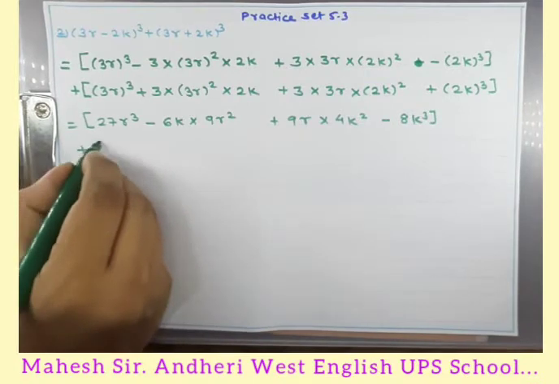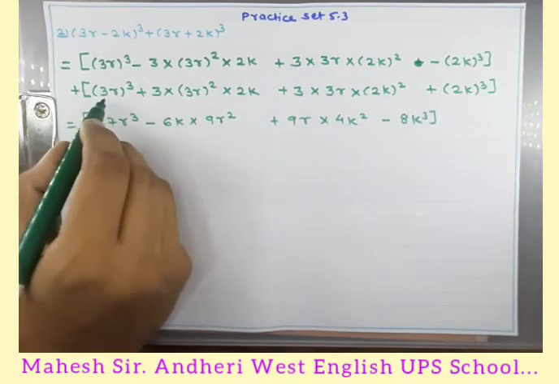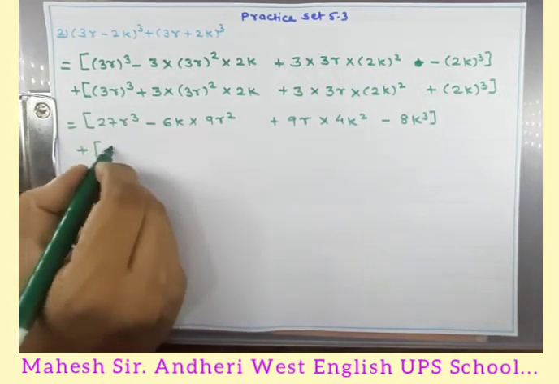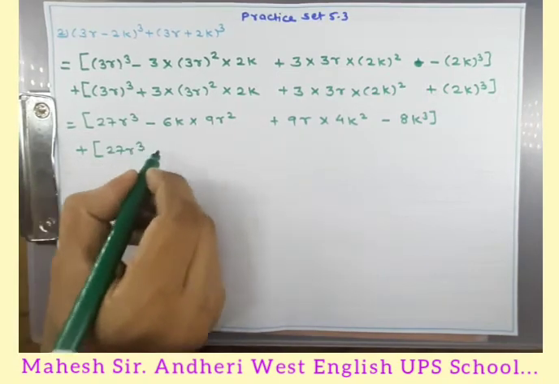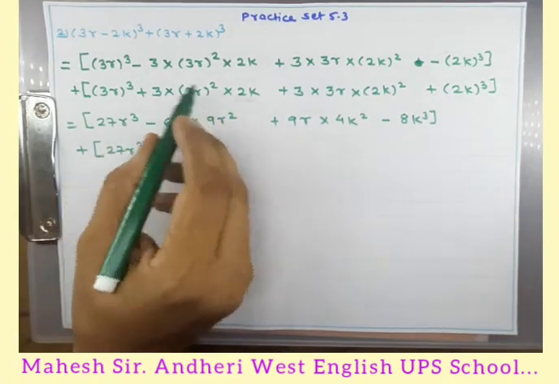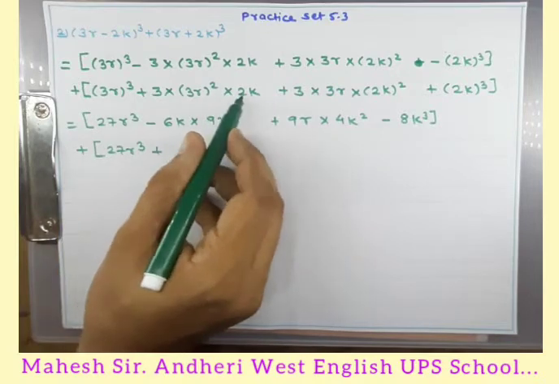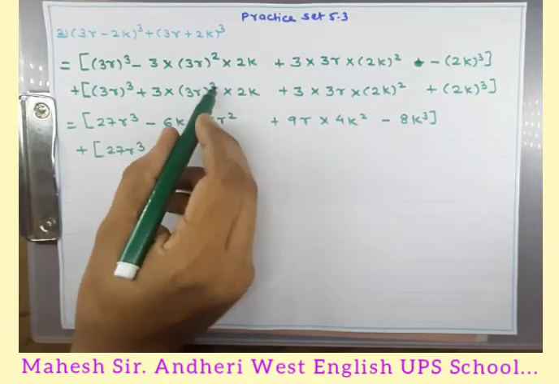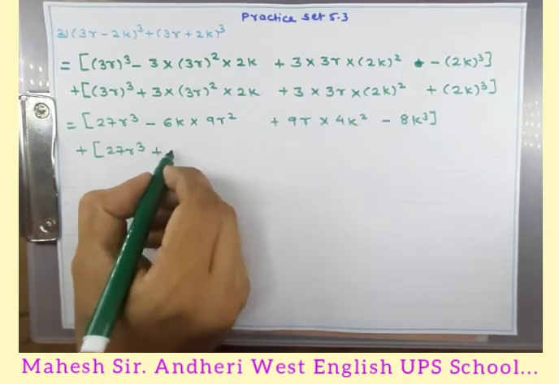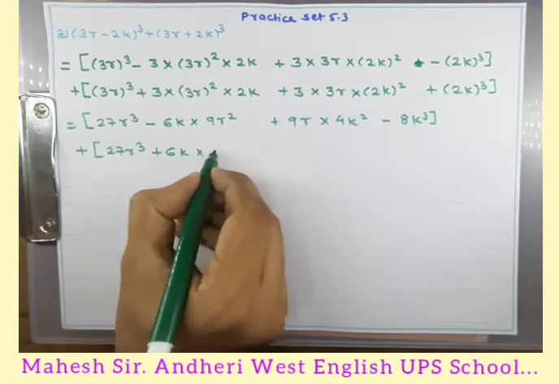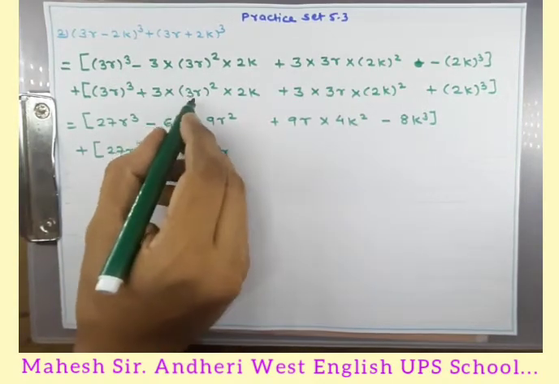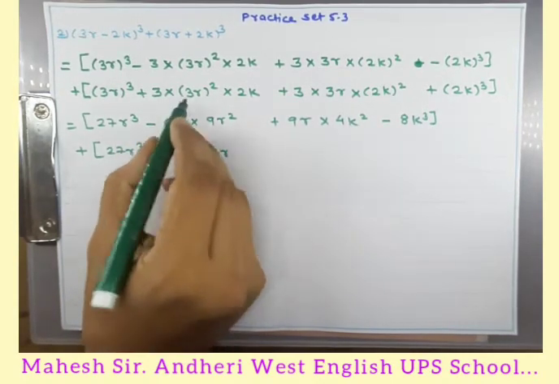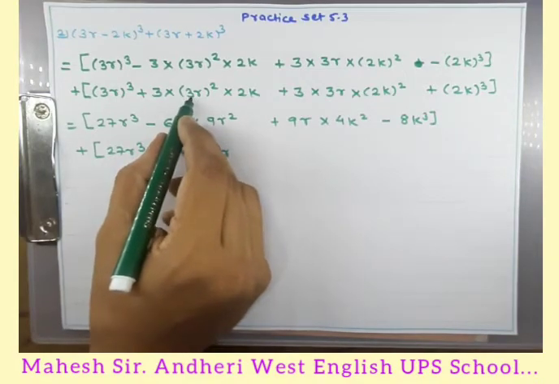Then plus I will write this. There is again (3r) cube, that is 27r cube, plus again the same: I will multiply 3 into 2k first, and then the square of 3r. 3 into 2k is 6k multiplied by 9r square, since 3 square is 9.